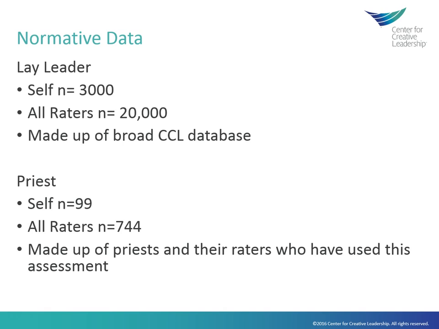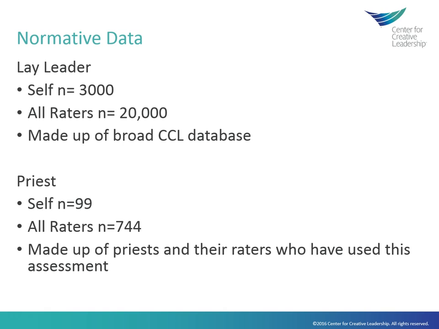If they're using the priest model, there's an important difference here, which is that the priests are being compared, since we have collected more data from the priest model, we were able to build a database of just priests who have used this assessment. And there are, you see 99, so roughly 100 people. So if you're using the priest model and they ask who they're being compared to, they're being compared to other priests who have used this assessment.